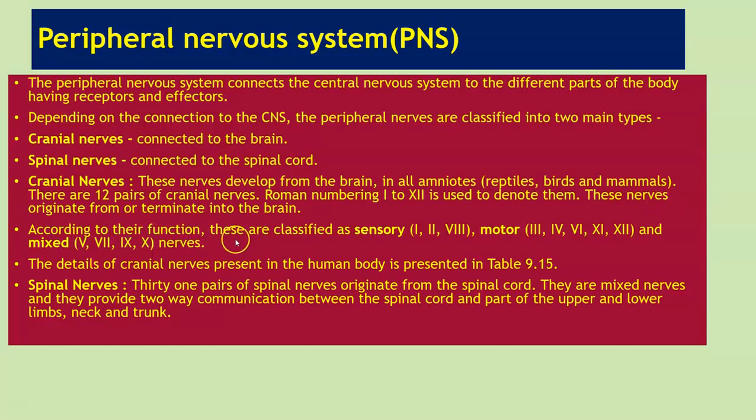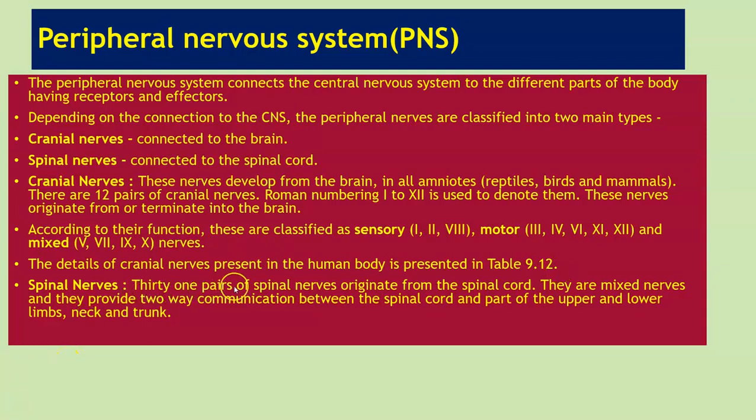According to their functions, these are classified as sensory 1, 2 and 8, motor 3, 4, 6, 11, 12, and mixed 5, 7, 9 and 10 nerves. The details of the cranial nerves present in the human body is presented in table 9.12.